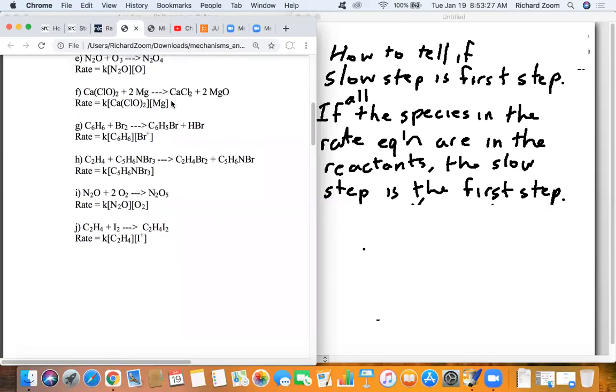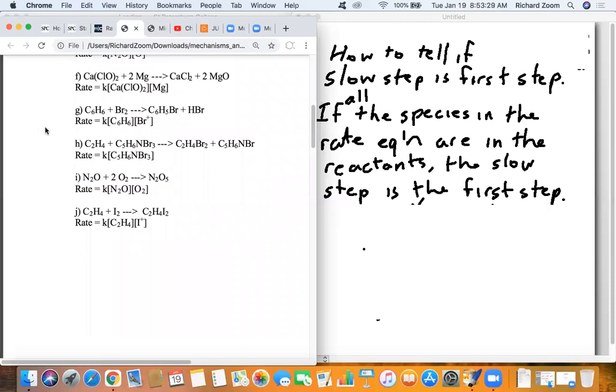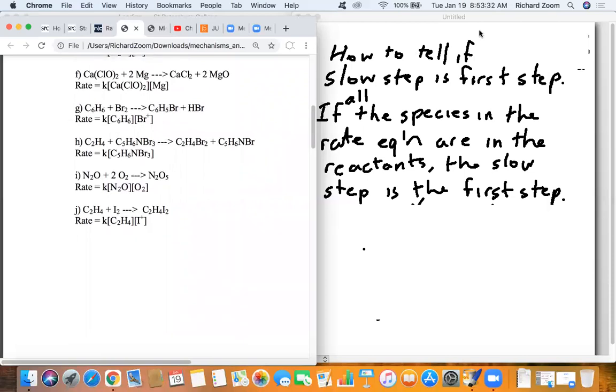All right, let's look at F. Slow step, first step.